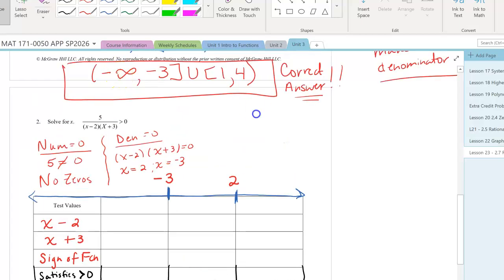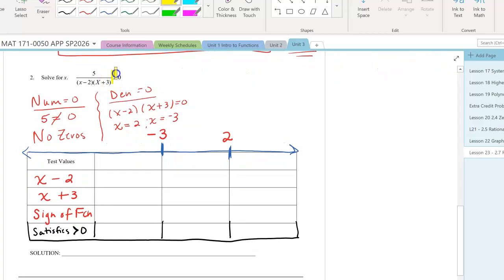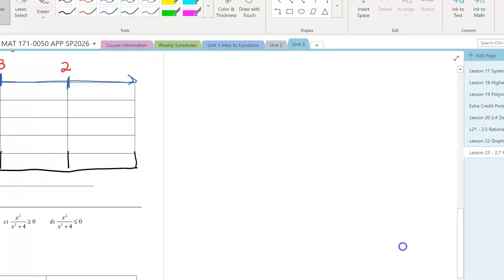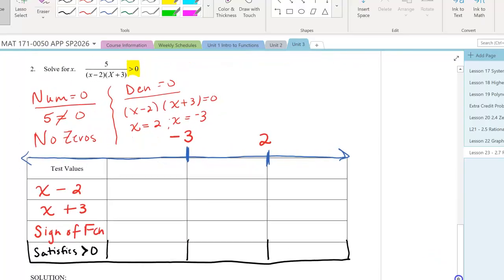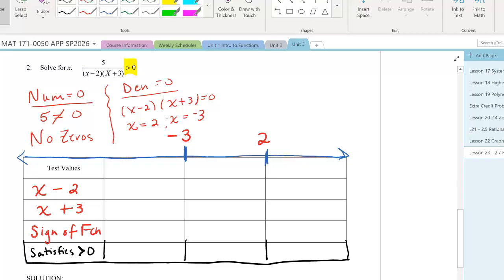In this case, the inequality is that y has to be greater than 0. So that means we're looking for values of x that make the function positive.